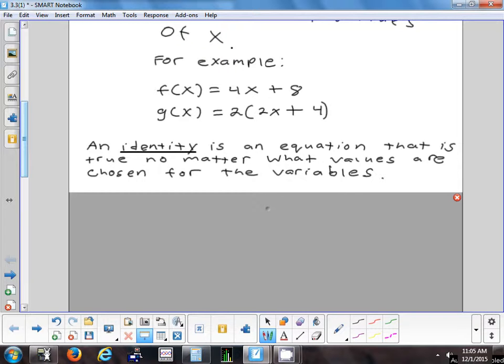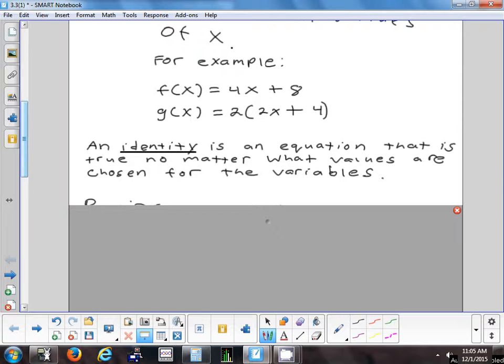So an identity is just an equation that's true no matter what values you plug in for the variable. If I write 4x plus 8 equals 2 times 2x plus 4, in Algebra 1 you might start solving this by distributing and combining like terms, and usually you get an answer like x equals a number.